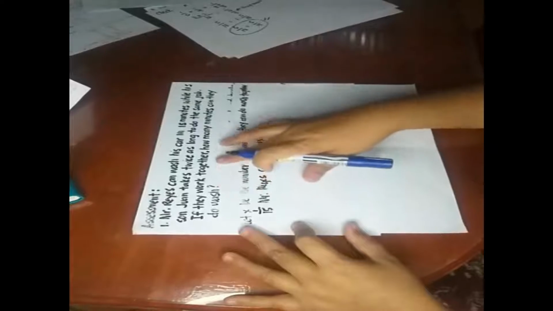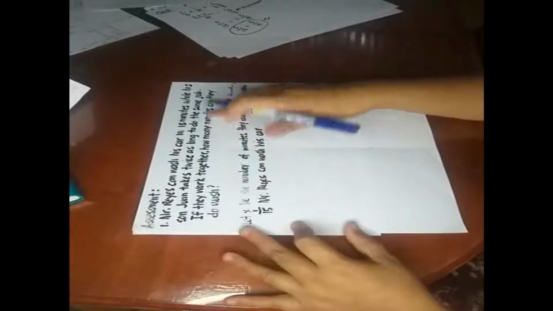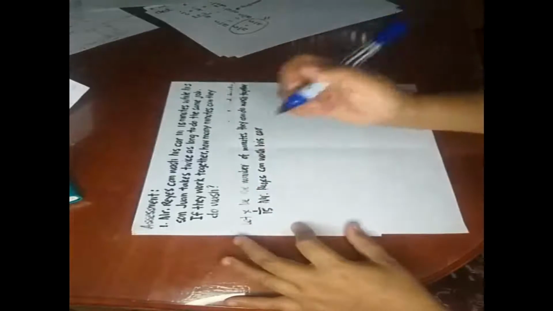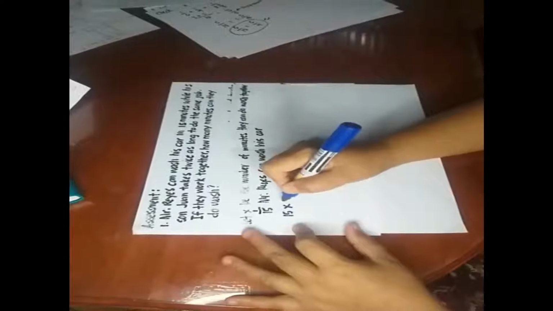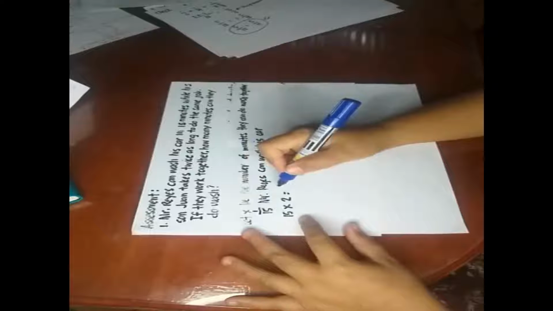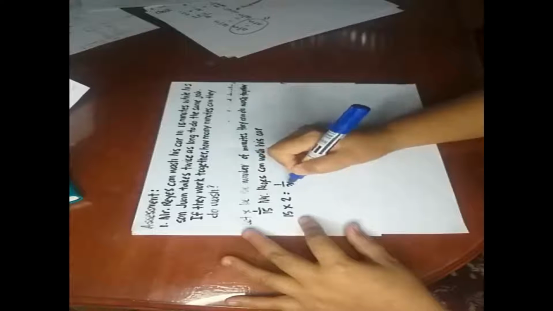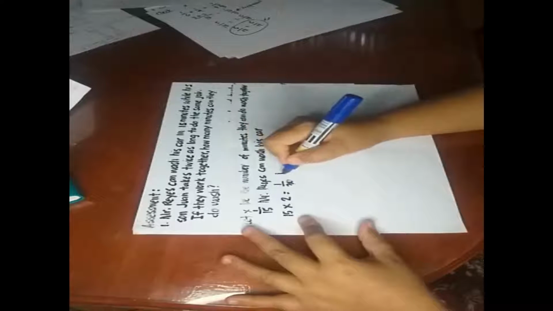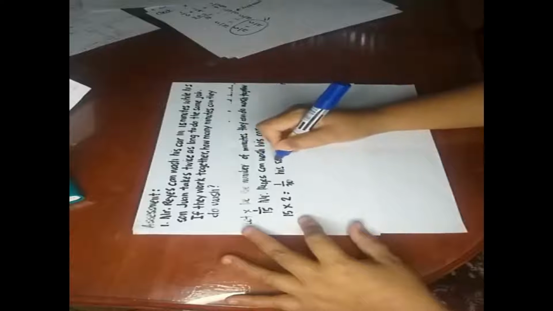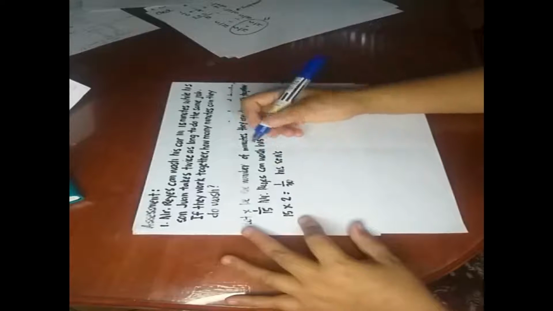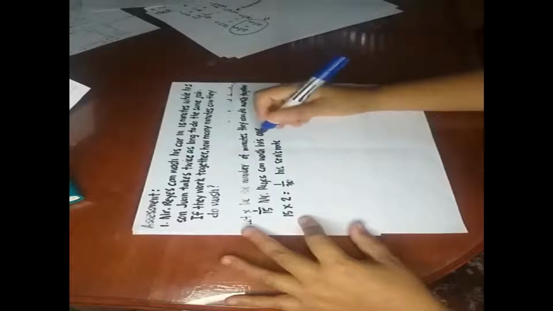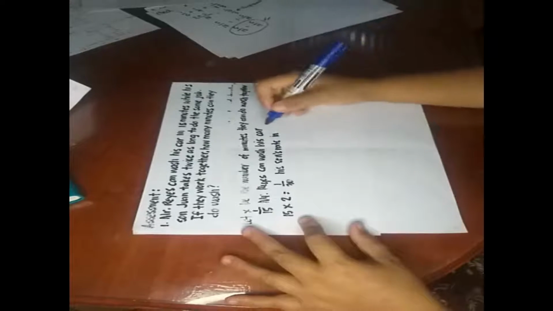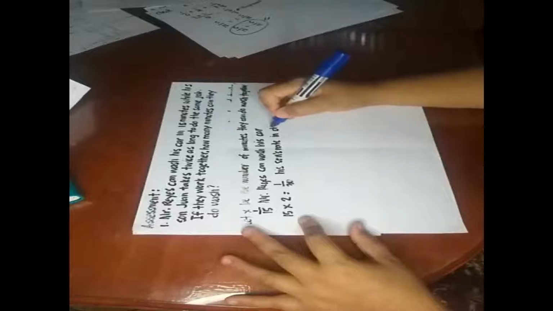While his son Juan takes twice as long to do. So if Mr. Reyes can do it in 15 minutes times 2, so this is 30, so 1/30 is his son's rate in doing the same job.